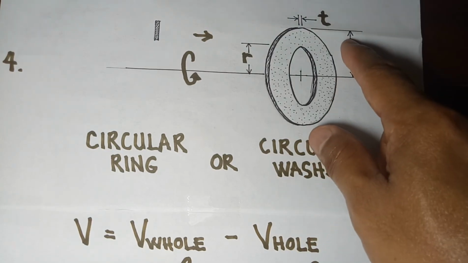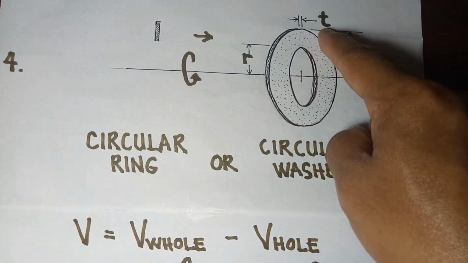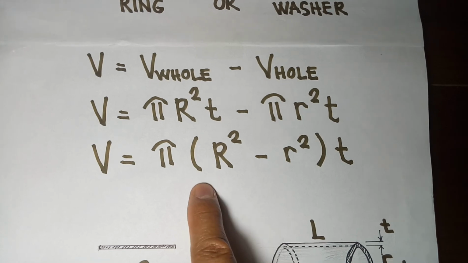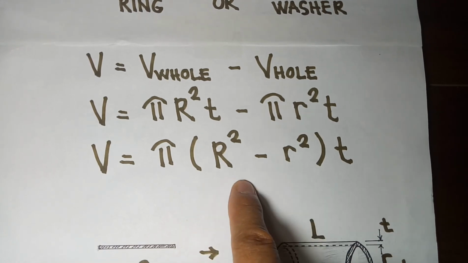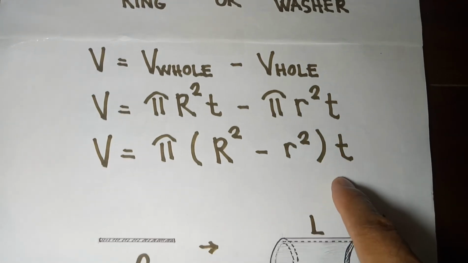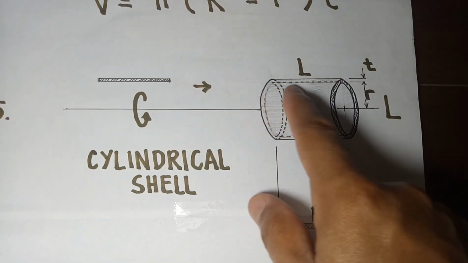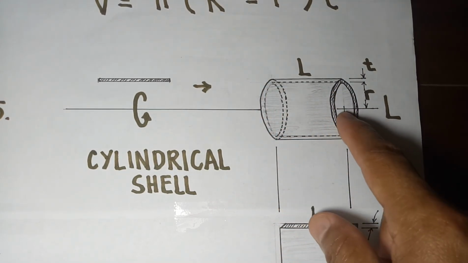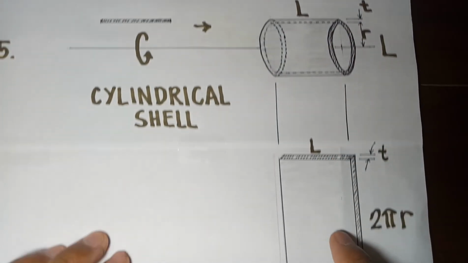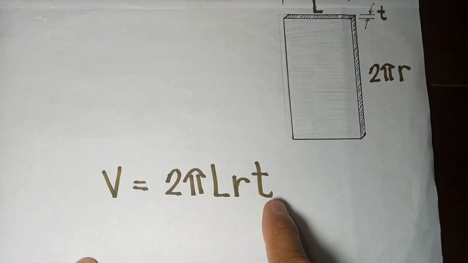So, meron tayong capital R na radius, meron tayong small r na radius, yung radius ng butas, at saka yung thickness na T. So, volume niya equals pi times capital R squared minus small r squared times the thickness. At ang volume ng cylindrical shell, meron tayong length L ng cylindrical shell, meron tayong radius ng cylindrical shell, at meron tayong thickness. At ang volume niya equal siya sa 2 pi L R T.